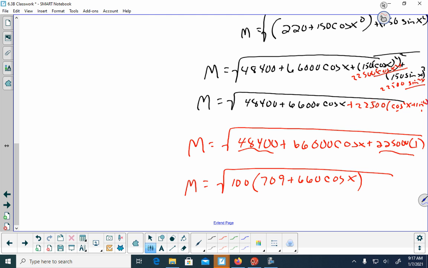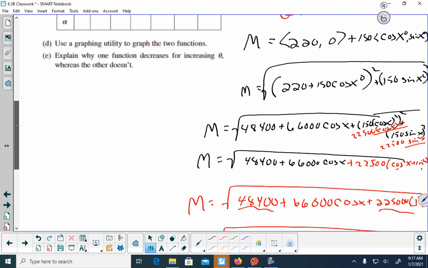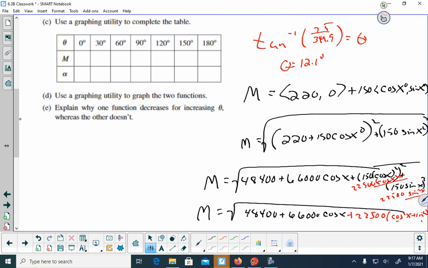Since I'm multiplying, I can take the square root of 100 times the square root of this, and the square root of 100 is 10. Again, if you don't want to do all this work, it's kind of fun to do, you could have stopped at this point and put this in your calculator.